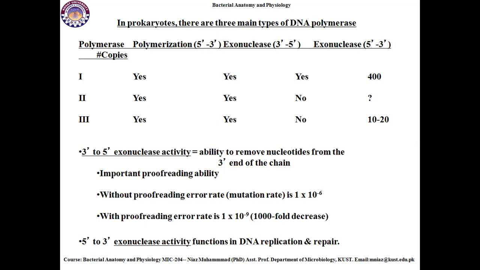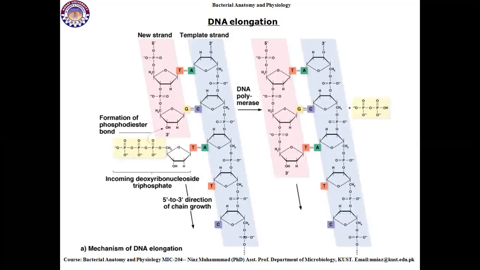remove it. How can a mismatch happen? Suppose this is cytosine, and guanine is required here. Mistakenly, if thymine comes over here, this will be recognized and detected by exonucleases, and they will remove it and bring the correct nucleotide over here, and it will bind.